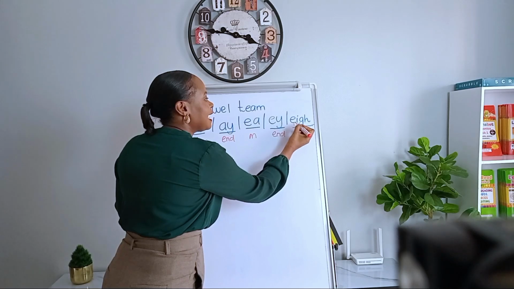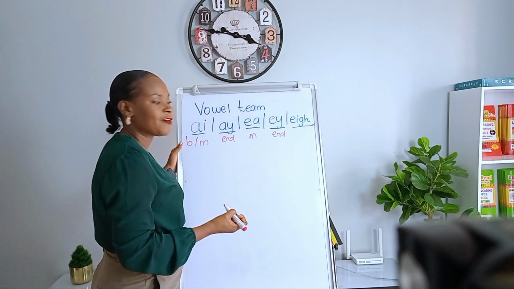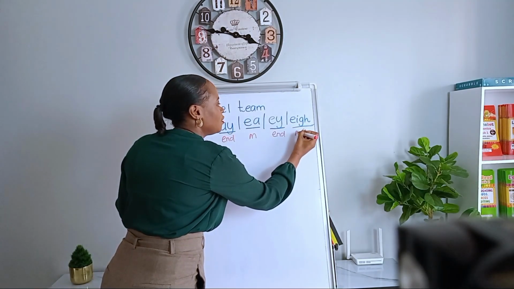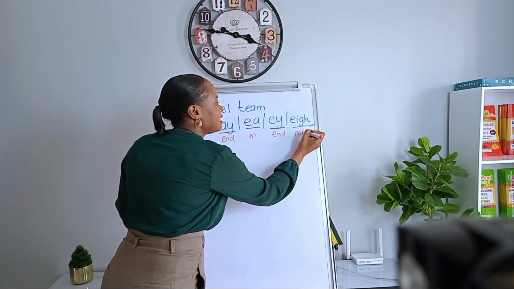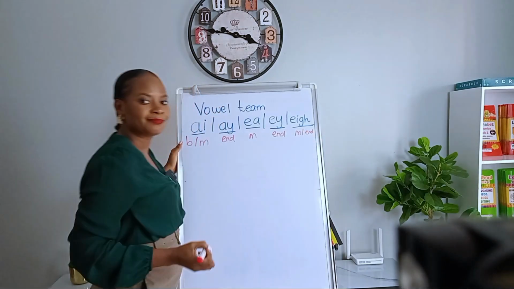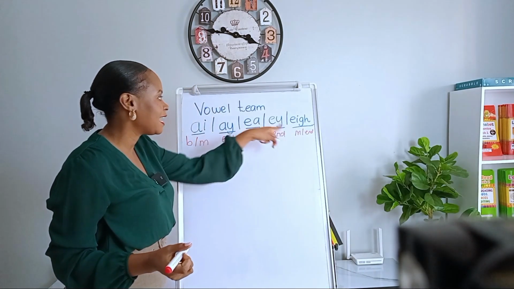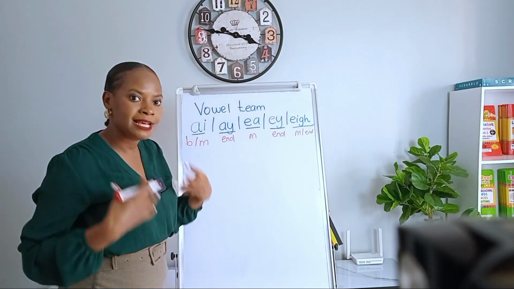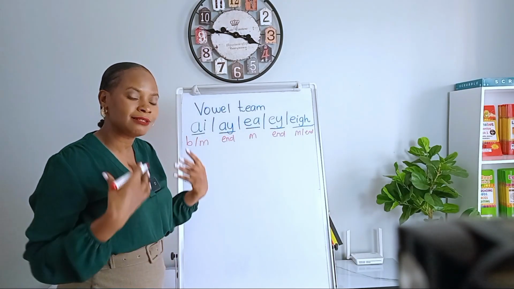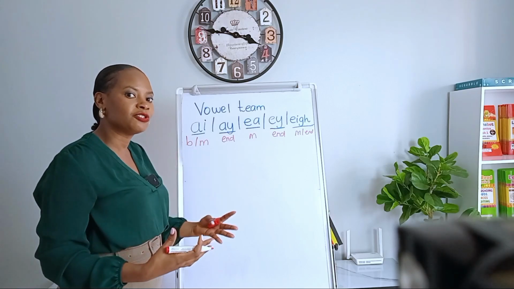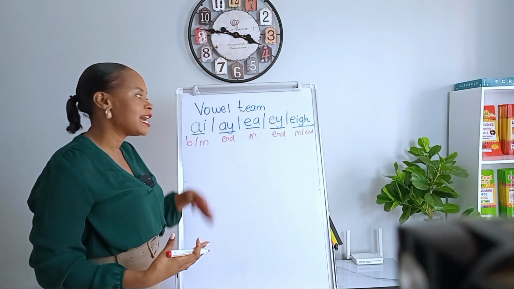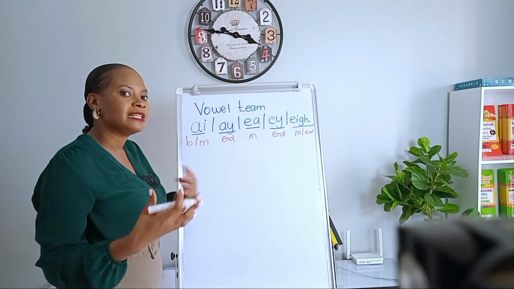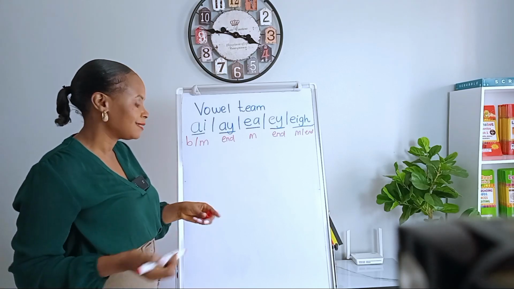The letters EIGH, we find in the middle or at the end. If you learn how to use these letter combinations, you'll be able to read more words, identify them in your stories and the books you read, and eventually you'll know which one is the right one to use when you're spelling certain words.